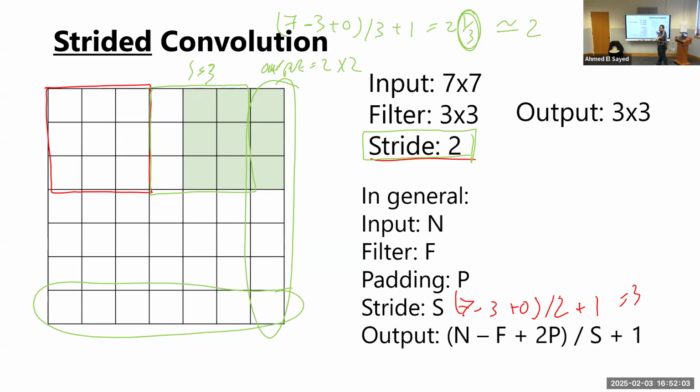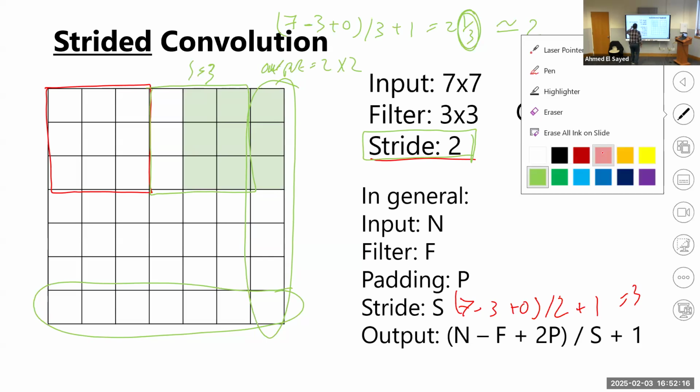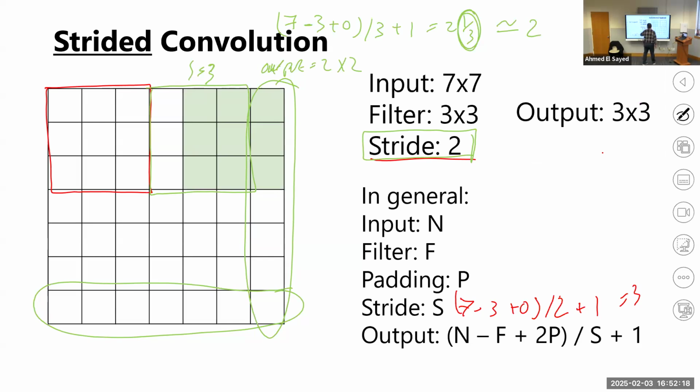I'm throwing it in the ocean. Okay, so this will become useless. I'm reducing the amount of information I can use. So when you change the stride value, be so careful, because it can cause data loss in your output.